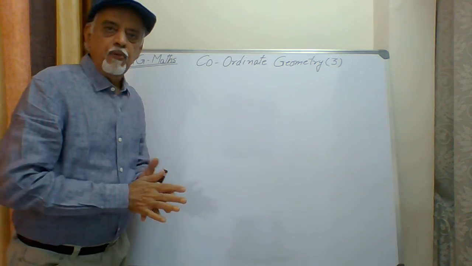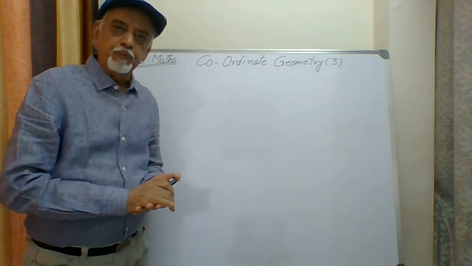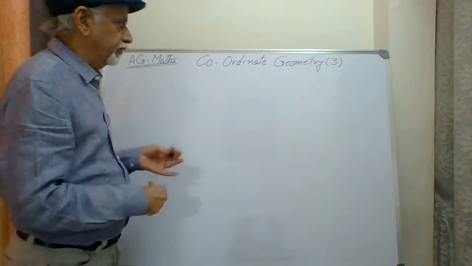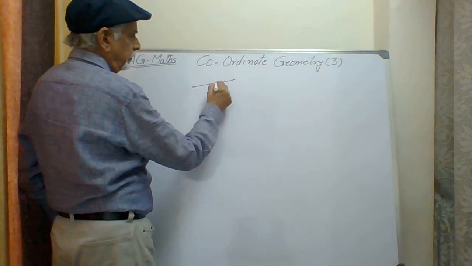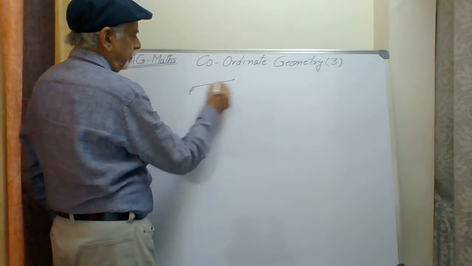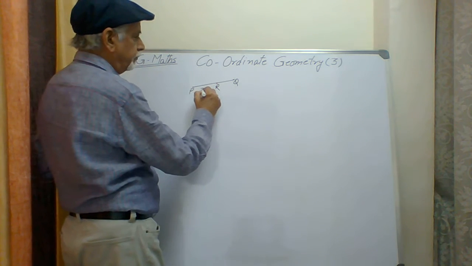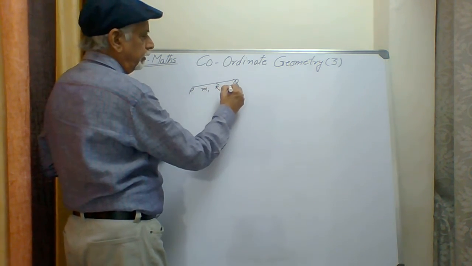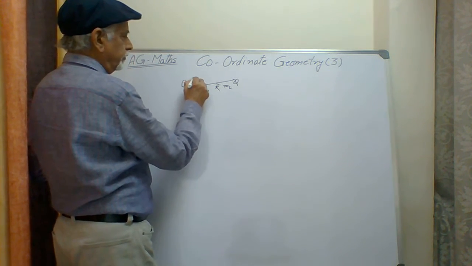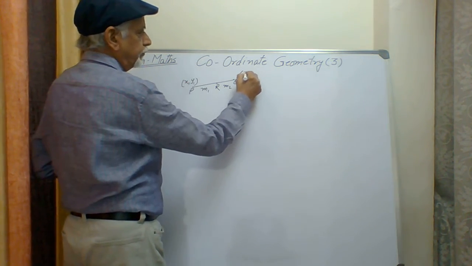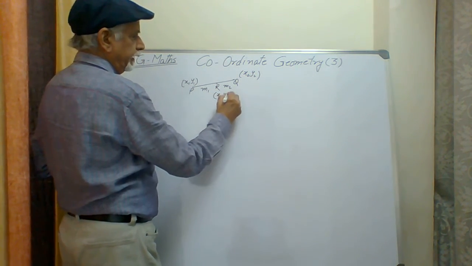In part 2, I discussed the section formula. That section formula was to find the coordinate of any point which is dividing the join of 2 points in a ratio of m1 to m2. The coordinates of the points were x1 y1, x2 y2, and suppose the unknown coordinate was xy.